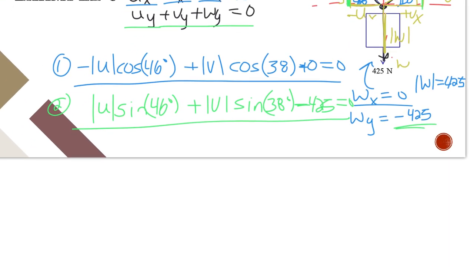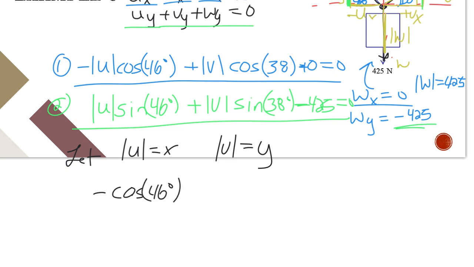So let's move that up here. Just remember, we're going to say the magnitude of u is x, and then let the magnitude of v equal y for simplicity's sake. So we have negative cosine of 46 degrees x, plus cosine of 38 degrees y is equal to 0.